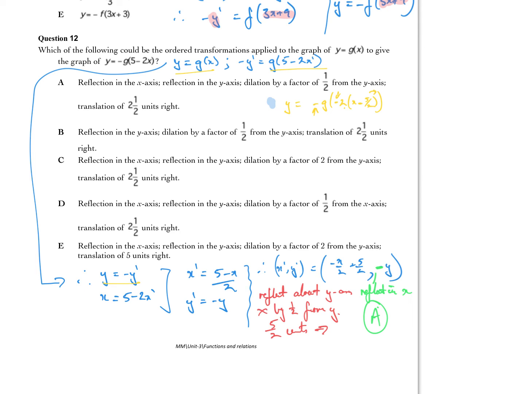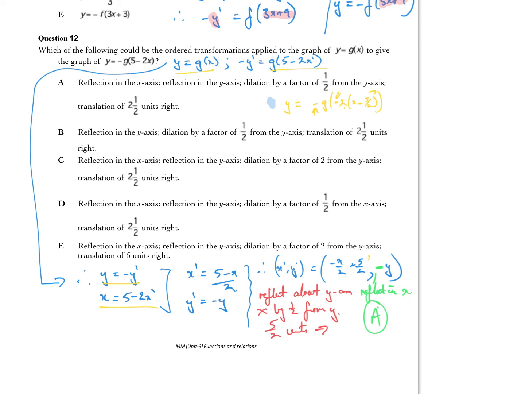So y is equal to -y' down here at the bottom of the screen, x is equal to 5 minus 2x'. Rearrange, I get x' is equal to (5 minus x) on 2, y' is equal to -y. So my (x', y') is equal to minus x on 2 plus 5 on 2, and -y.